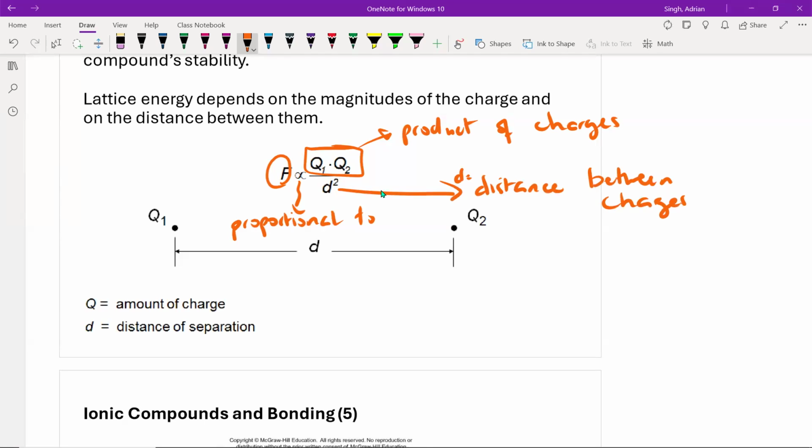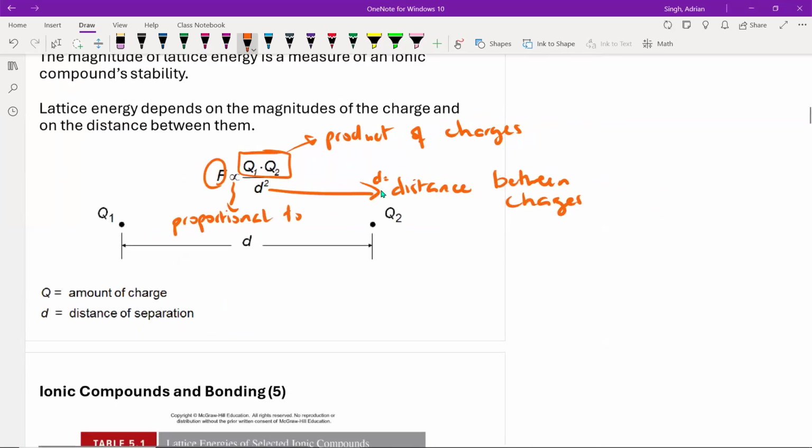So just by looking at this general equation, we can make some fairly simple predictions.